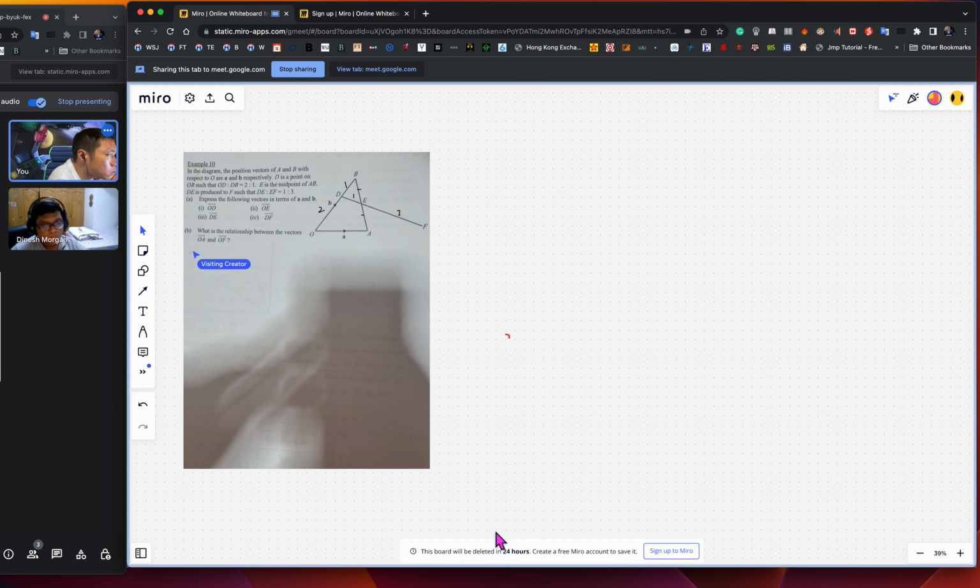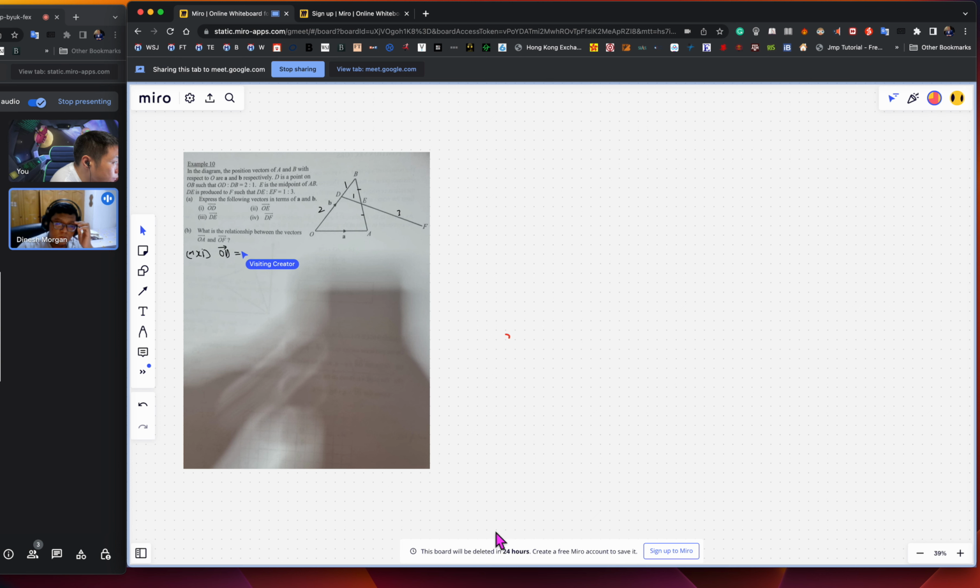OD equals to b? What do you mean? Can you write it down? OD equals to b. Okay, it says the position vector of A and B with respect to O are a and b. So that means OA is a, then OB is b. The small letter b represents OB.